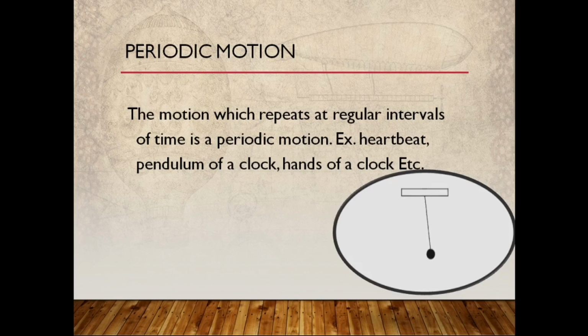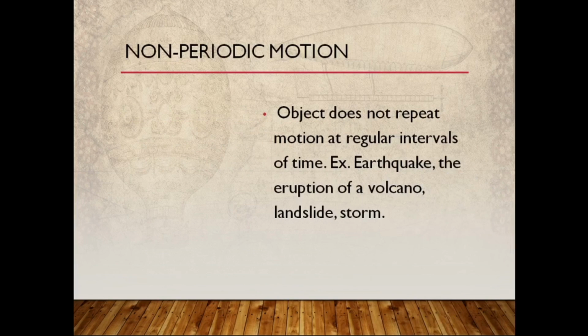Now, non-periodic motion means an object is not repeating its motion after a regular interval of time. Now think about the examples. When an object does not repeat its motion at regular intervals of time, it is said to be in non-periodic motion. For example, earthquake.